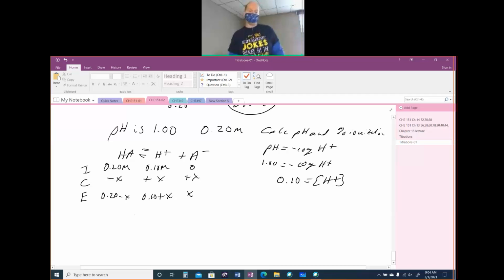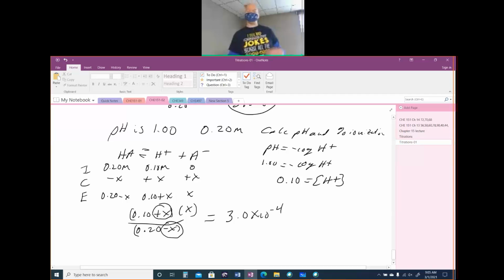And so now we have 0.10 plus x times x divided by 0.20 minus x, and that is equal to your Ka of 3.0 times 10 to the minus 4. All right, so again, anytime you have a plus and a minus x, that means you had a reactant and a product.